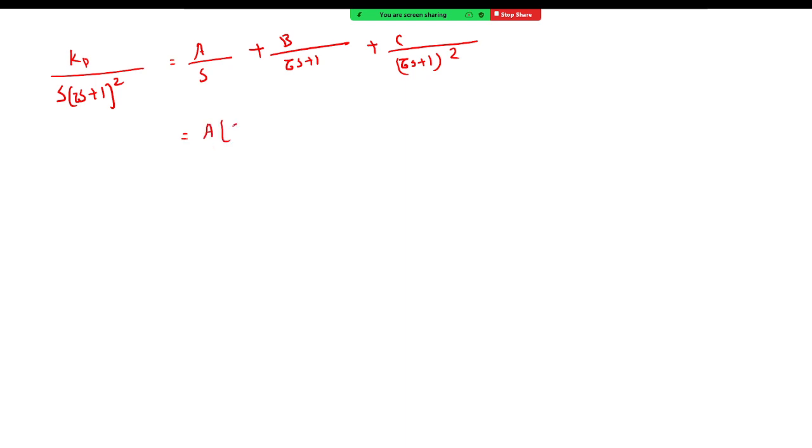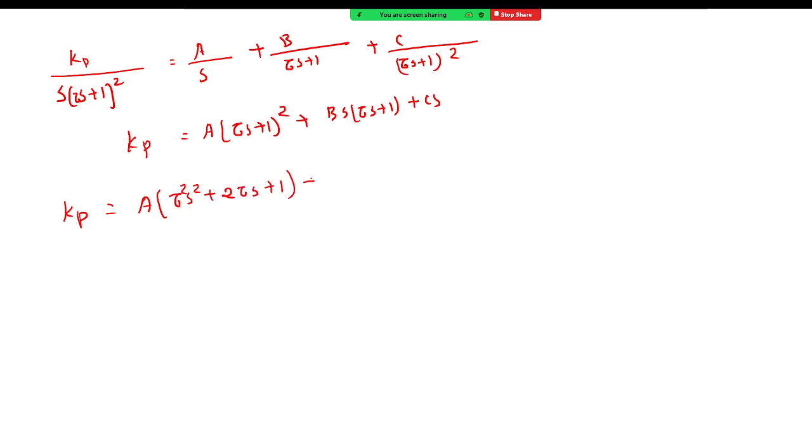If I write here, I can write A (tau s plus 1) whole square plus B s (tau s plus 1) plus C s. Fine. And that is equal to Kp directly. So I can write that Kp is equal to A (tau square s square plus 2 tau s plus 1) plus B tau s square plus B s plus C s.